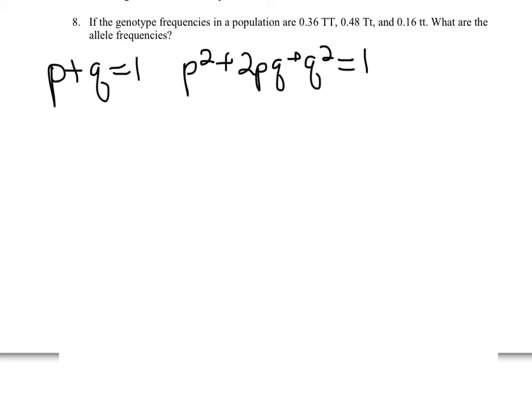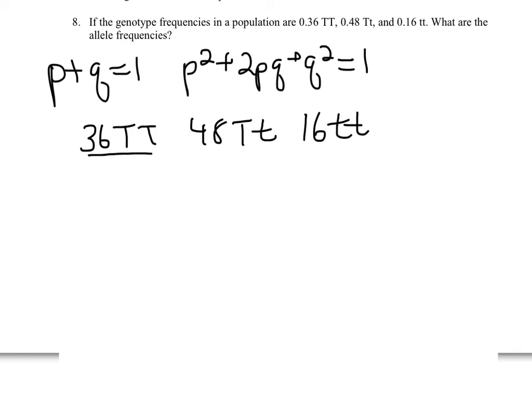We could also solve it like this. We can pretend the population is 100 individuals, and so that means 36 individuals are big T big T, 48 are big T little t, and 16 are little t little t. We want to know the allele frequency of the big T. Each big T big T individual donates 2 big T alleles, and each heterozygote donates only one of those.